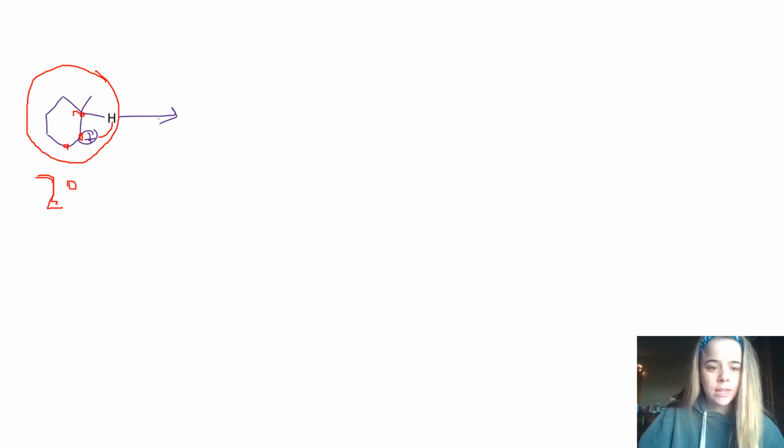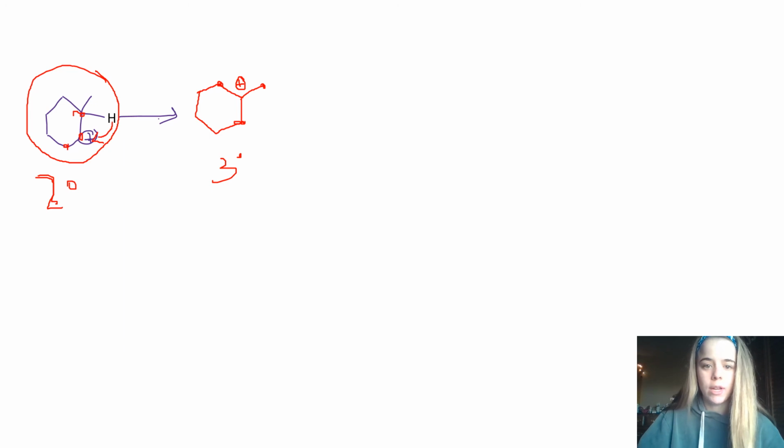It's going to come in and attack this carbocation to form a new structure, which is this structure. And the carbocation is going to move up here since the hydrogen shifted down. This is going to make it a tertiary structure because it has 1, 2, 3 carbons attached to it, forming more hyperconjugation and more stability ultimately, which is what we want in rearrangement.